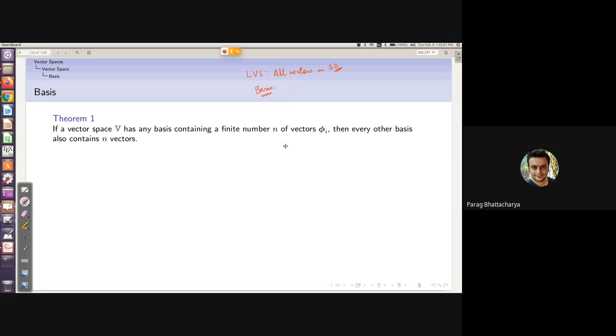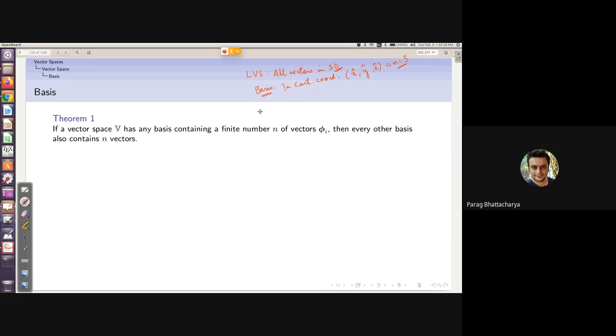What it says is, if any basis has a finite number of vectors, then every other basis also contains the same number of vectors. Let us say one basis in Cartesian coordinates is x cap, y cap, and z cap. How many elements are there in the basis? There are 3 elements: 1, 2, and 3.